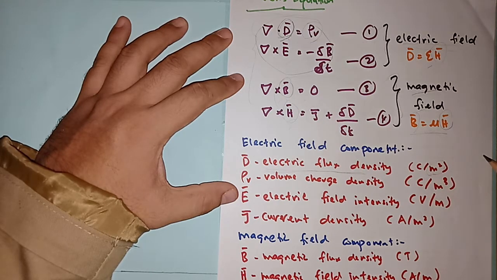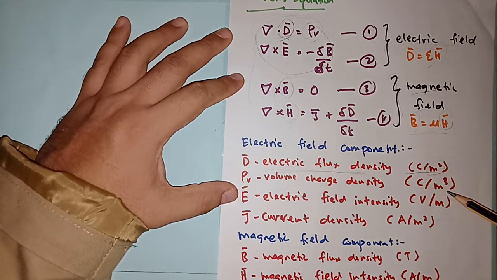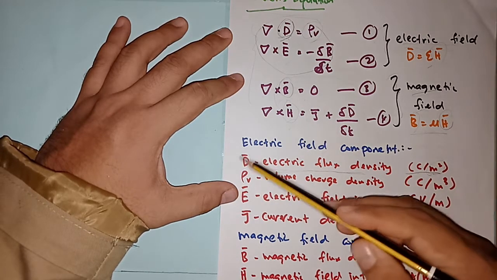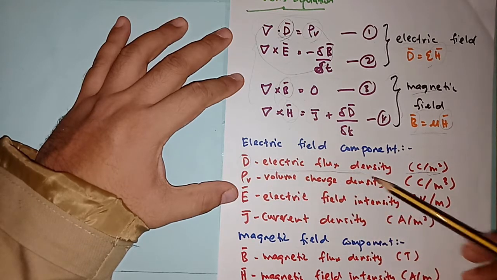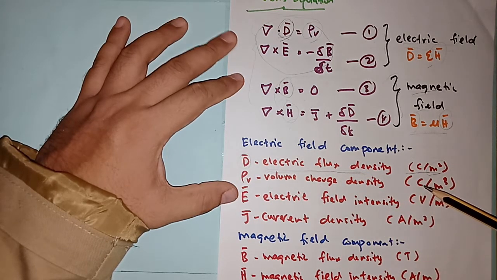Along this topic, you might find another component with the same unit, which is surface charge density. In this case, you need to be very careful to distinguish whether the value given to you represents vector D, the electric flux density, or the surface charge density.